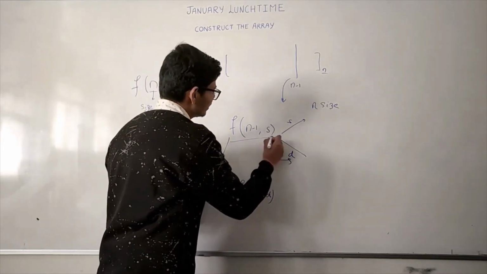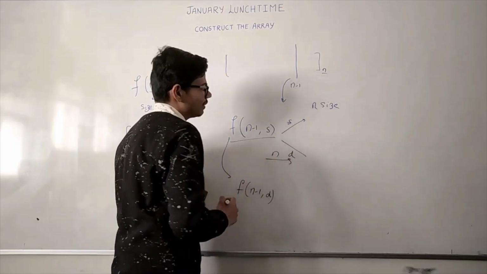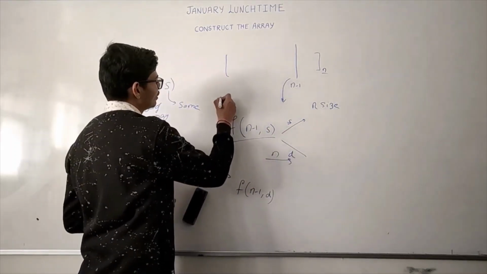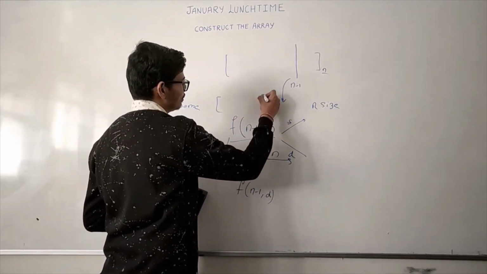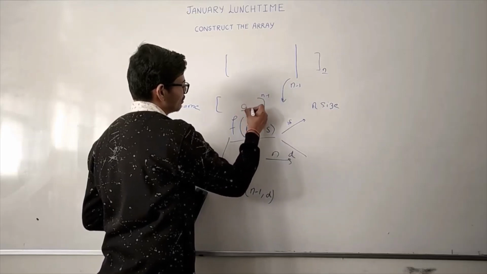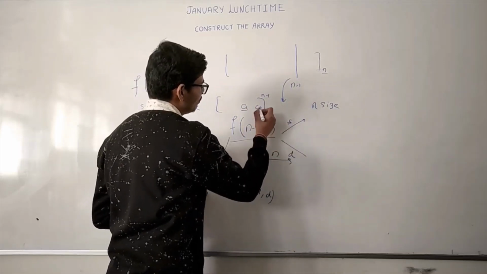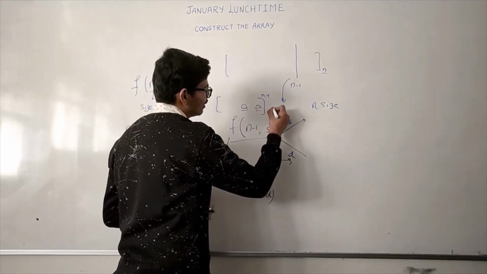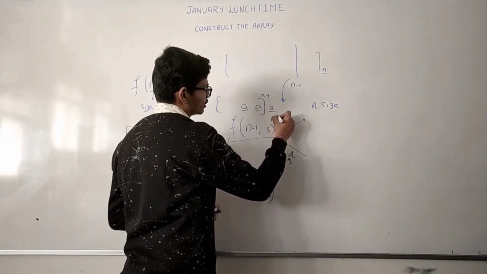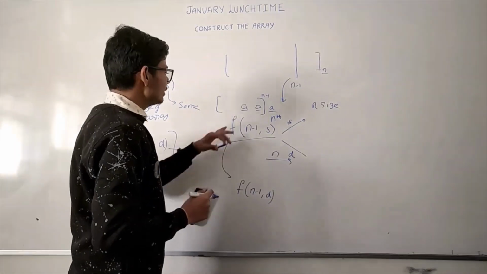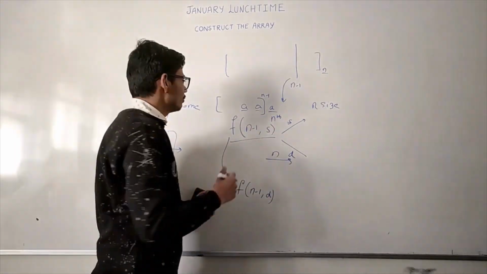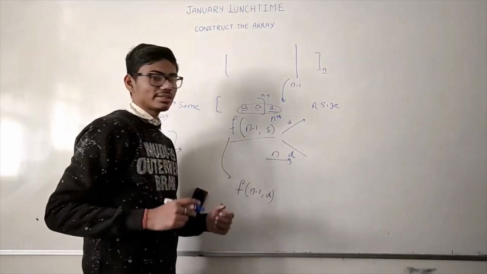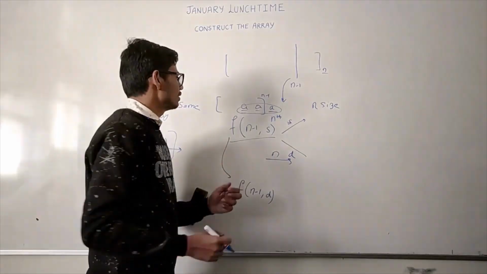Now, for this case, if we place a same element, then the case would be like for the array of size n minus 1, we have placed two same elements, and now here again we place an element which is same as its previous element. So again we are placing A at nth position. So this case is going to be invalid because here we are placing three consecutive same elements.